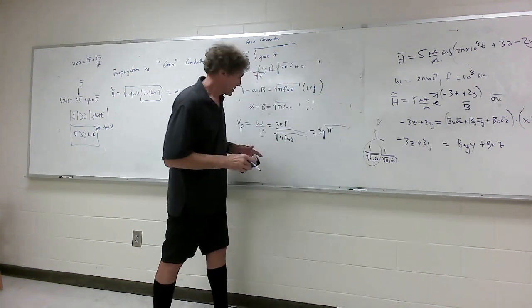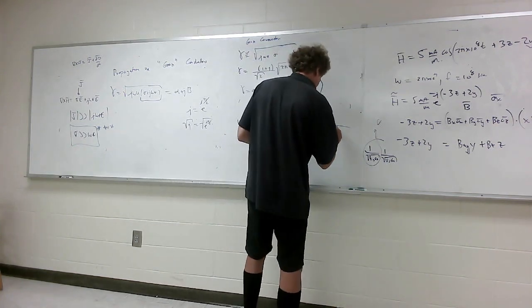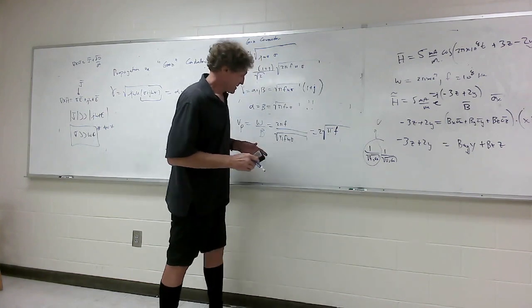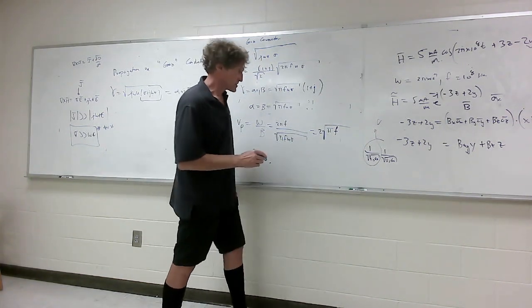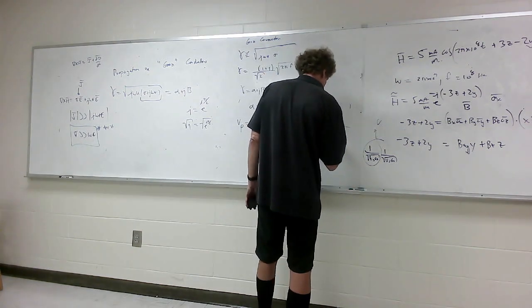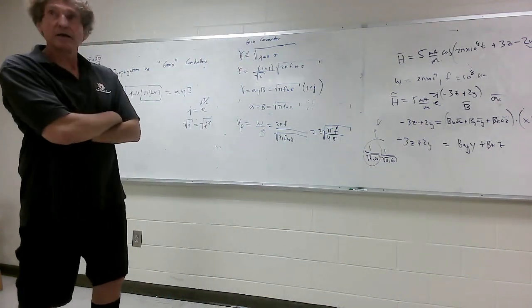And then I have f and square root of f means I have the square root of f on top, right? And then I have mu and sigma downstairs, square root. So it's this. That's the phase velocity. Can you all follow me?